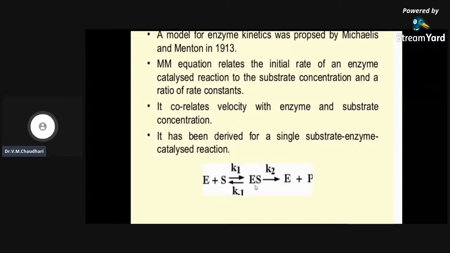Enzyme substrate complex by rate K2 converted to product and enzyme becomes free. Now rate of conversion of ES complex to product, or sometimes ES complex may be dissociated. Again enzyme gets free and substrate gets released from the enzyme. So this rate is K minus 1. So K1, K2 and K minus 1, these are the rate constants of the reaction.